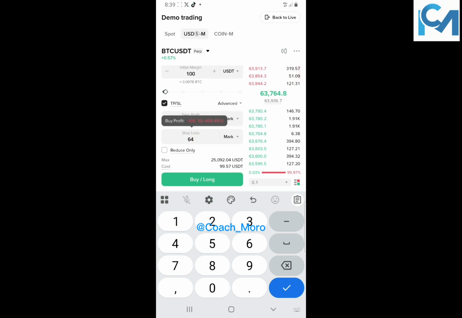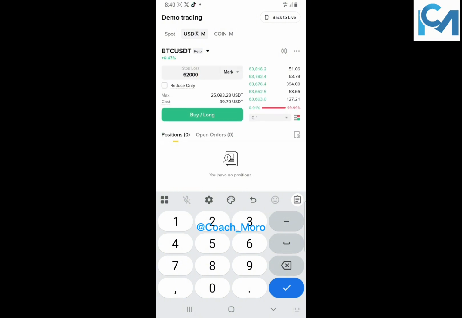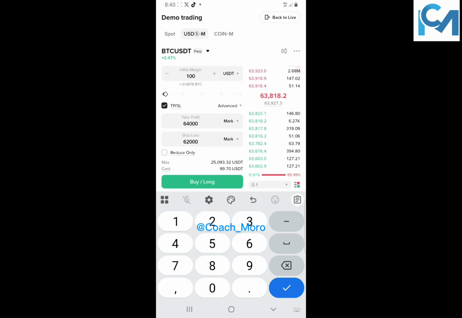And for the stop loss, you must check the red session. You must set your stop loss below the value of the red. So that's what you must consider in setting your stop loss and take profit.